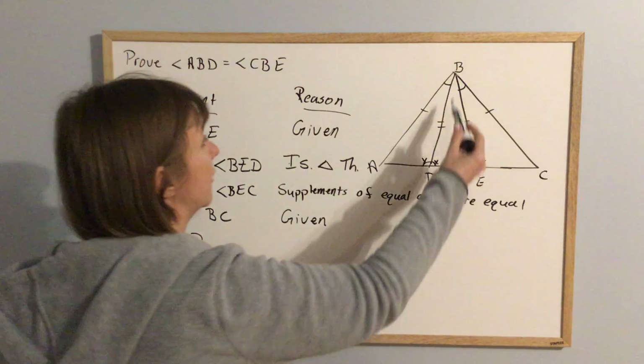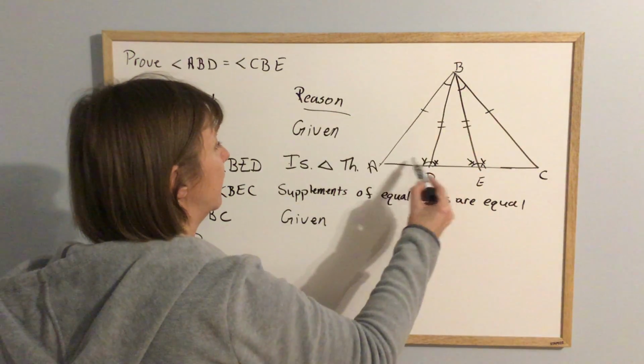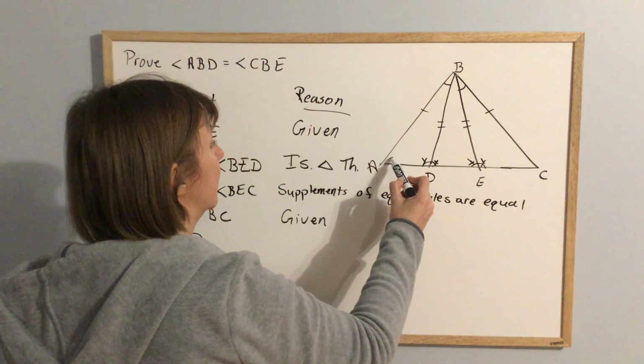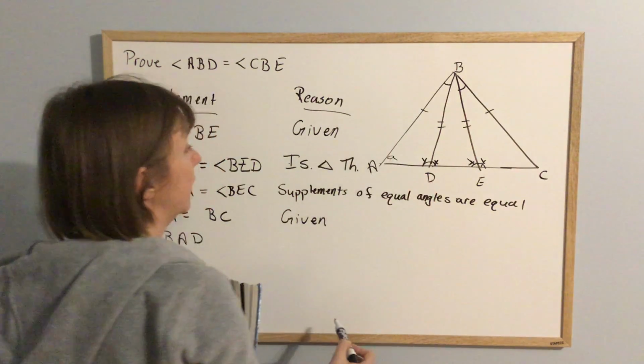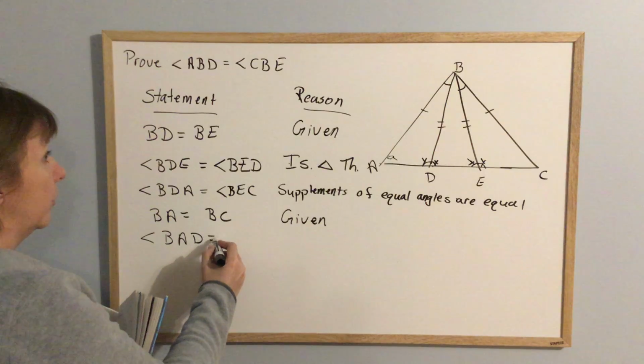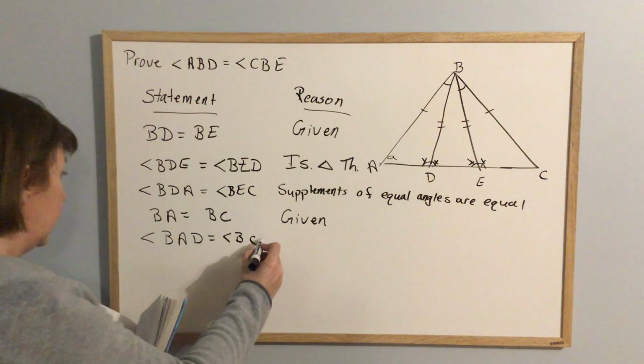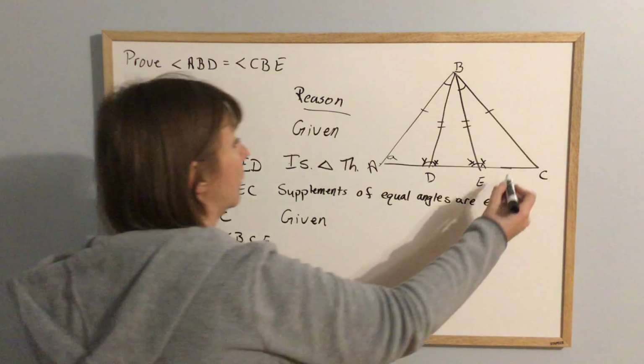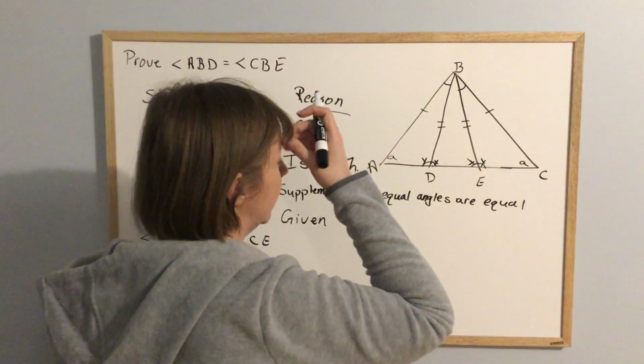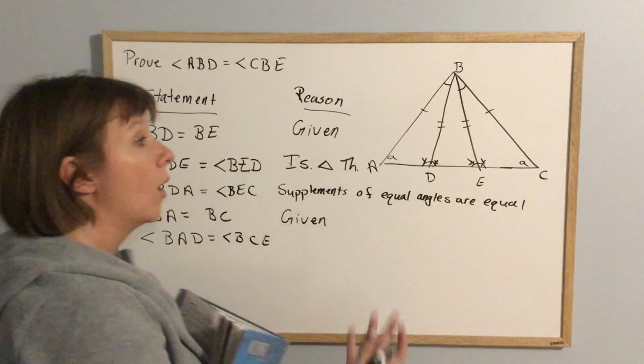So let's look at where that is. BAD. So that's this one right here, is equal to angle BCE. So that's this one right here. And again, why can we say that?